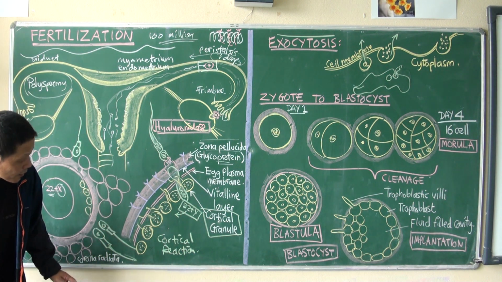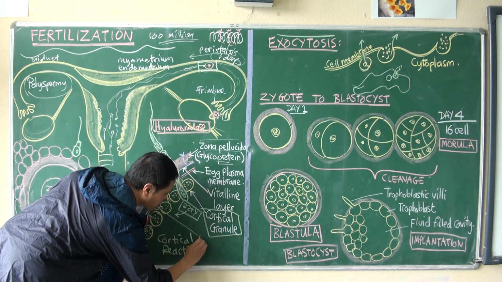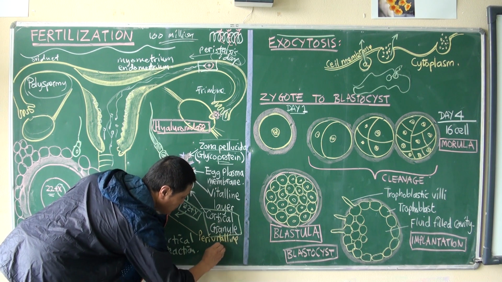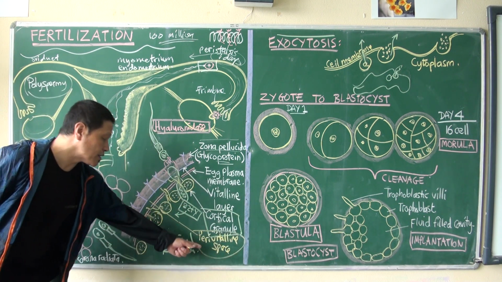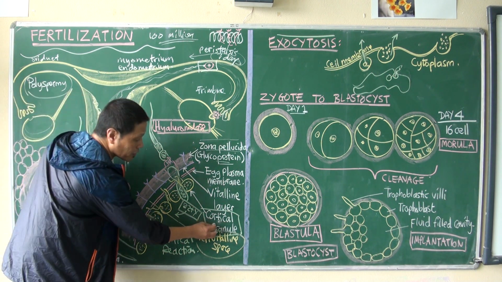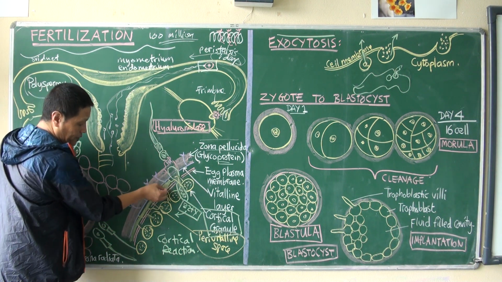I've not mentioned it here, but it's called the perivitelline space. So this perivitelline space is filled up with the substances secreted by the cortical granules. So this space is going to be filled up like that.